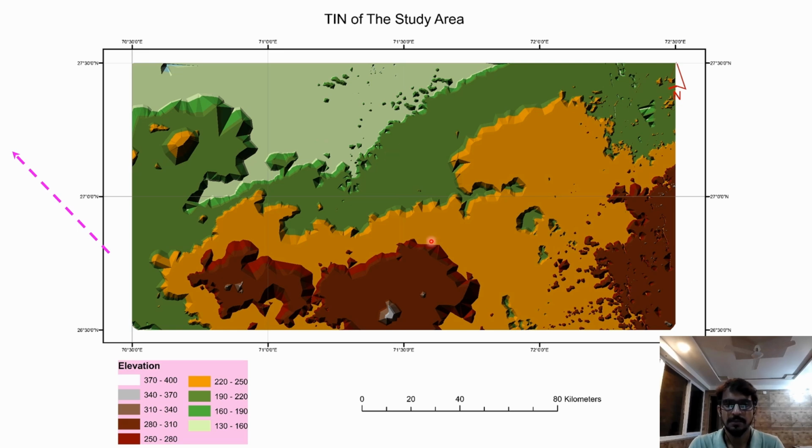So this is the overall topography of this region. And when someone suggests that the river flow can be like this or like this or like this, in the current scenario, it seems unlikely.